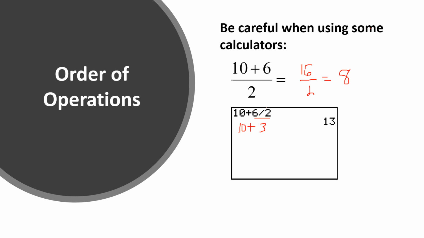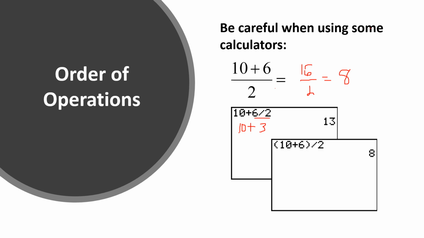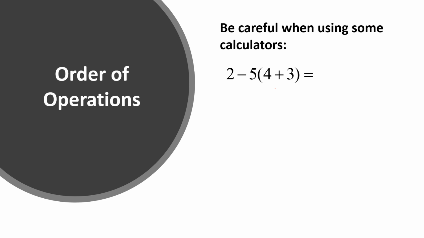We wanted the calculator to first add, then divide, so we can always add parentheses. So if we take parenthesis 10 plus 6, close parenthesis, and then divide that by 2, we get the correct answer, which is 8. For this example, we could type this into a graphing calculator and get the correct answer.